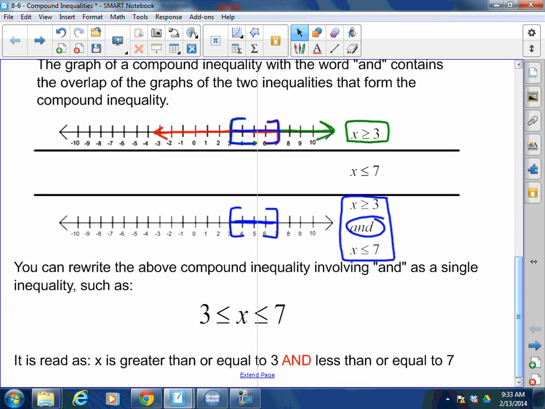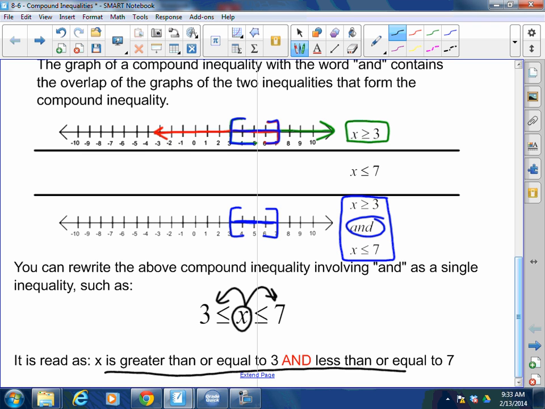Whenever you read a compound inequality, whether it's an "and" or an "or," you always read from the x. So what this is really saying is x is greater than or equal to 3, and x is less than or equal to 7. Does that make sense?